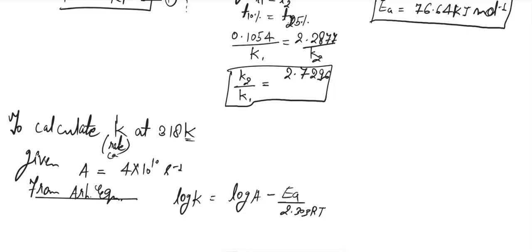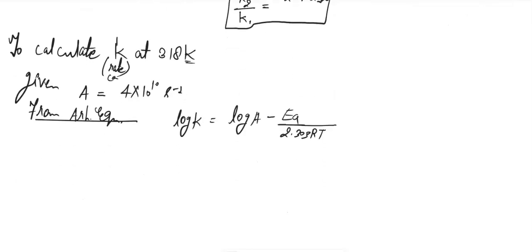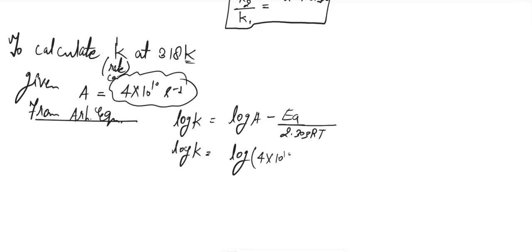We need to calculate the value of K, and we know A. So log A, where A is 4 into 10 raised to the power 10, minus the activation energy. We have calculated the activation energy, and the value is 76.64 into 10 raised to the power 3.